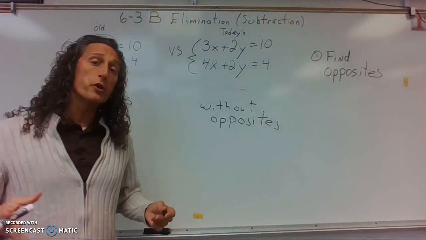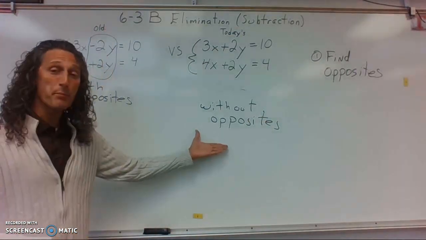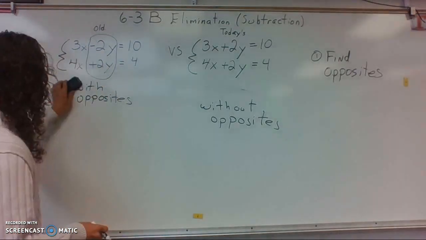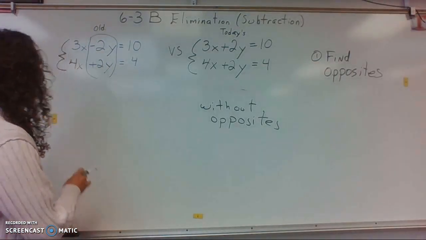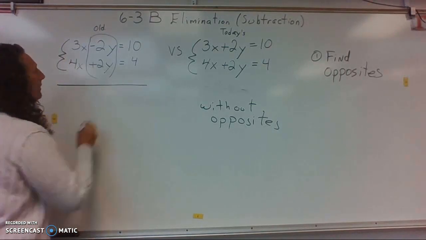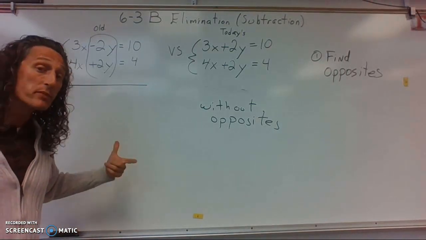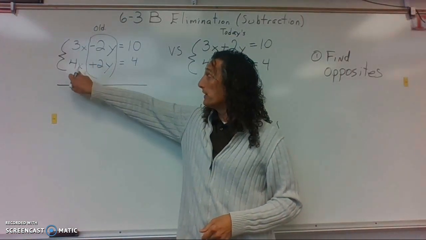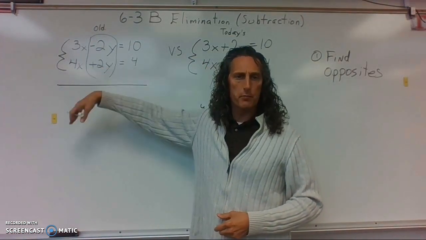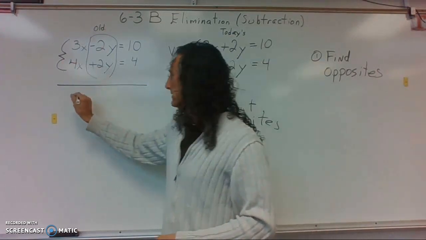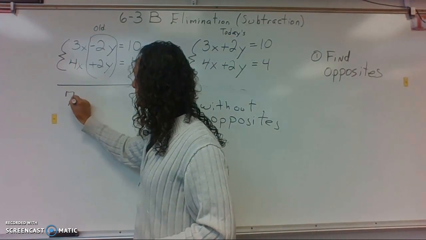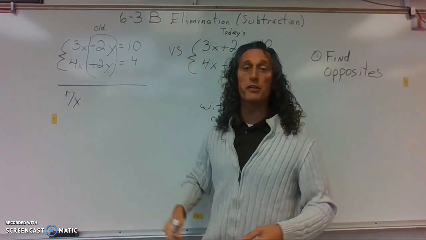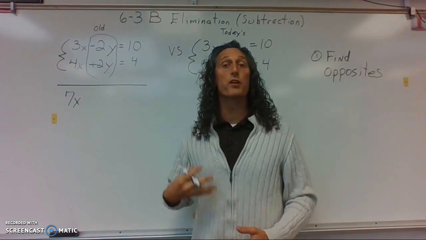Let me show you what not having opposites does. When we have opposites, the 3 and the 4 add up, so that's a 7x. But remember, the reason this is called elimination is we have to eliminate either the letter y or the letter x.